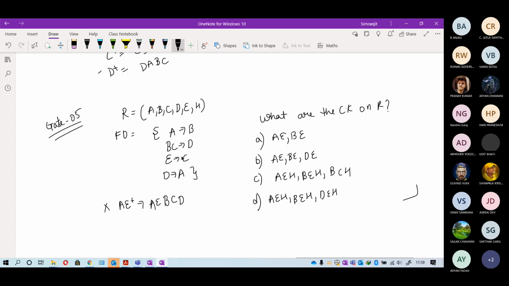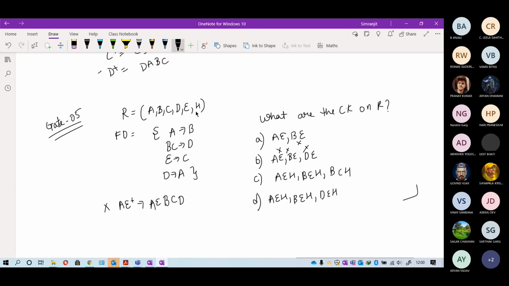Okay, so if you take a look, there is no H in the functional dependencies. So H has to be a part of the key in order for it to be included in the closure. Similarly, there is no H here, so you can delete that option. So AE, BE, DE is also wrong because it does not contain H, because from the functional dependencies you cannot get H anywhere as it is not present there.